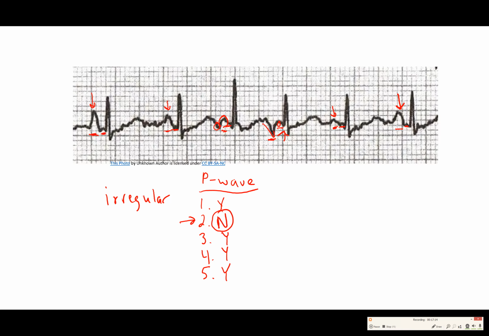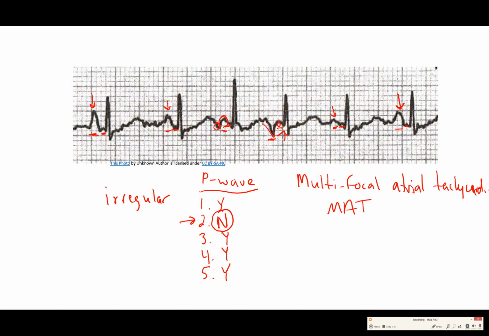But if you have P waves that are looking different, that means you're actually getting signals from different parts of the atria instead of just the SA node. And so we call this multifocal atrial, and it tends to be fast, tachycardia. So we call it MAT for short.